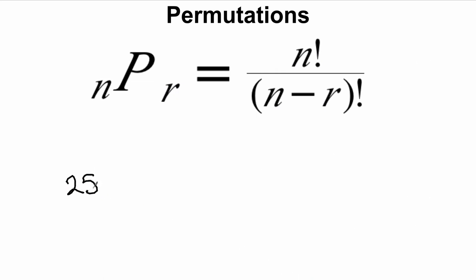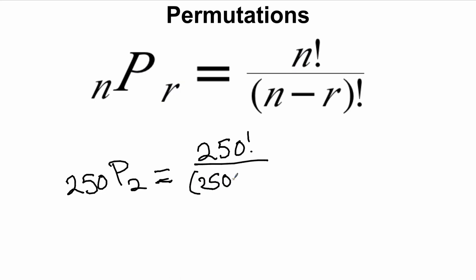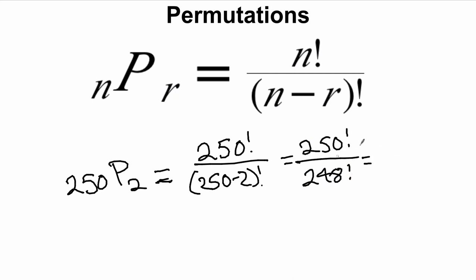Let's say you had 250 people and you wanted to pick just first and second out of those 250 people. Well, you would write 250 factorial over 250 minus 2 factorial. That's 250 factorial over 248 factorial. If I was going to write this out, 250 times 249, and I just kept going down to 1, that would take an extremely long amount of time.